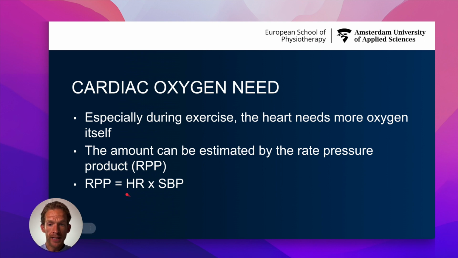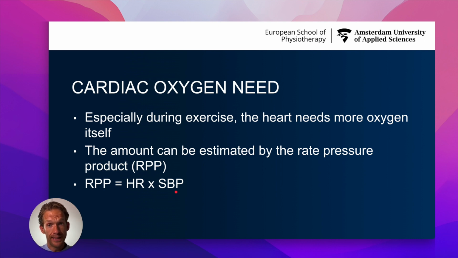And then what you see is that the heart rate times the systolic blood pressure is the representation of the rate pressure product. And the rate pressure product then represents the O2 content requirement of the heart. So if the heart rate goes up, the amount of O2 that the heart needs goes up. If the systolic blood pressure goes up, you can see the same.